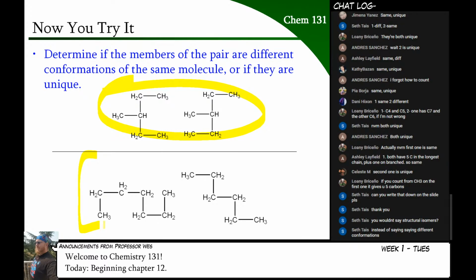Different conformations have the same connectivity, whereas structural isomers have different connectivity. So again, if I number these right here, the branch always occurs at 3. So these aren't different structures, they are the same structure. I have just spun this guy around to a different conformation.